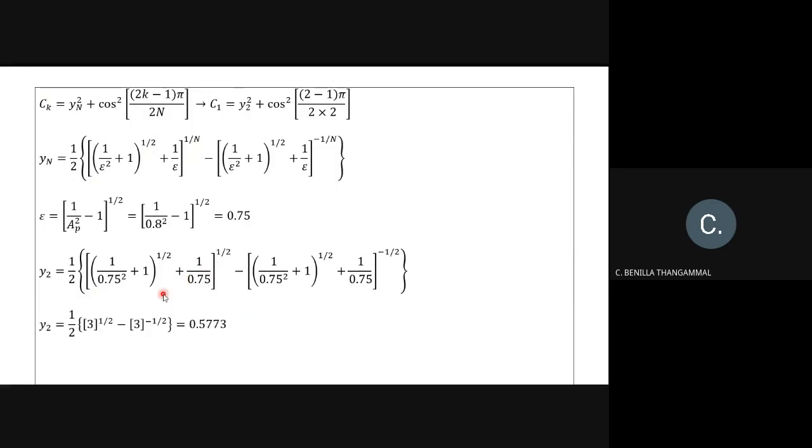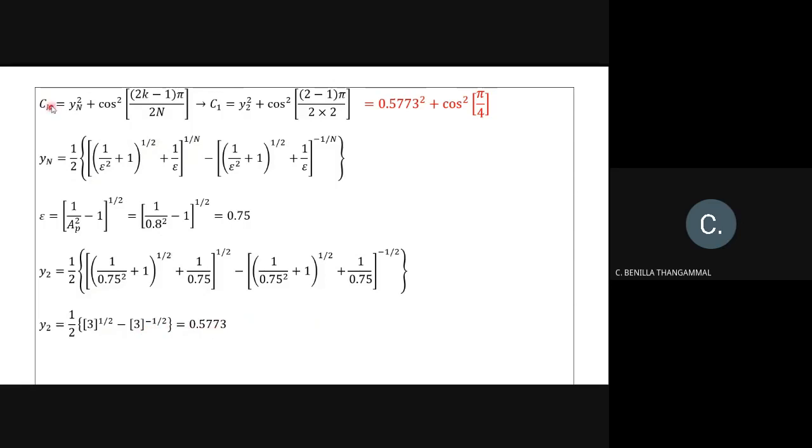The value will become 3. So 1 by 2, 3^(1/2) minus 3^(−1/2). So it is 2^(−1) into (3^(1/2) − 3^(−1/2)). The value will be 0.773.